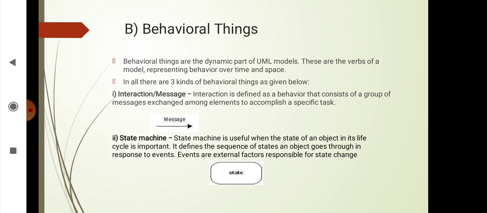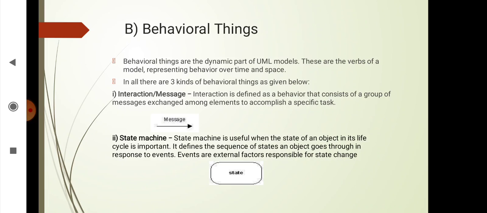And here the symbol of message is an arrow, a directed line. Graphically, a message is rendered as a directed line, almost always including the name of its operation. Here the message is display.